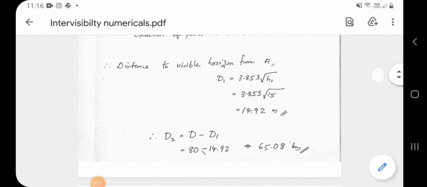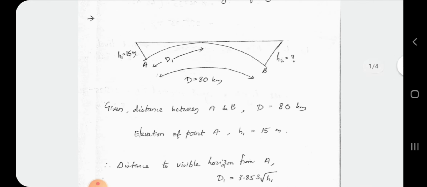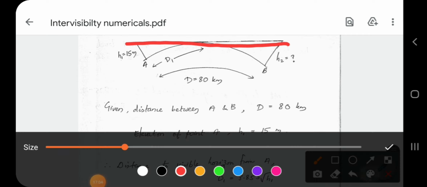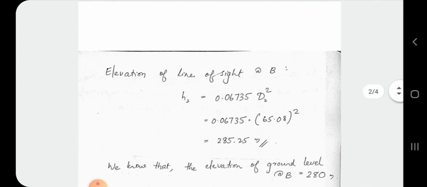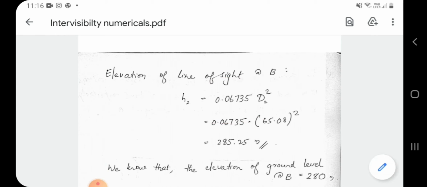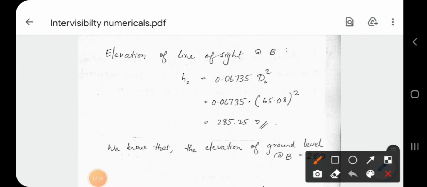Now we can find the elevation of line of sight at B. That is h2, equal to 0.06735 d2 squared, with d2 as 65.08 kilometers. Substituting the value in kilometers, we get the answer as 285.25 meters.